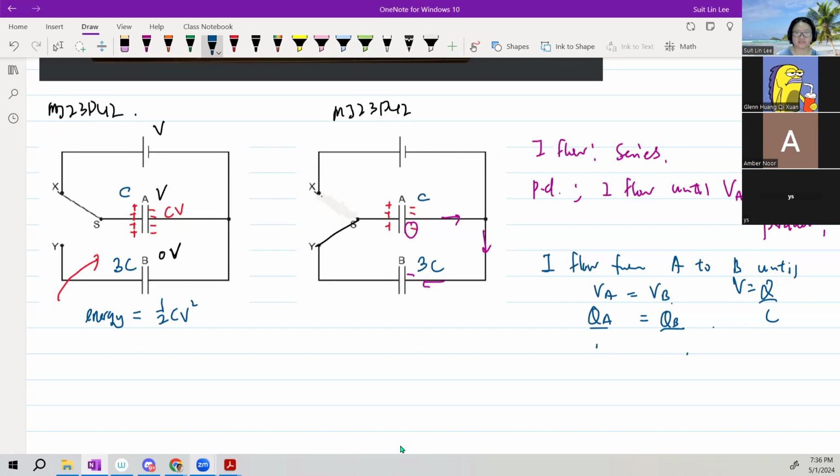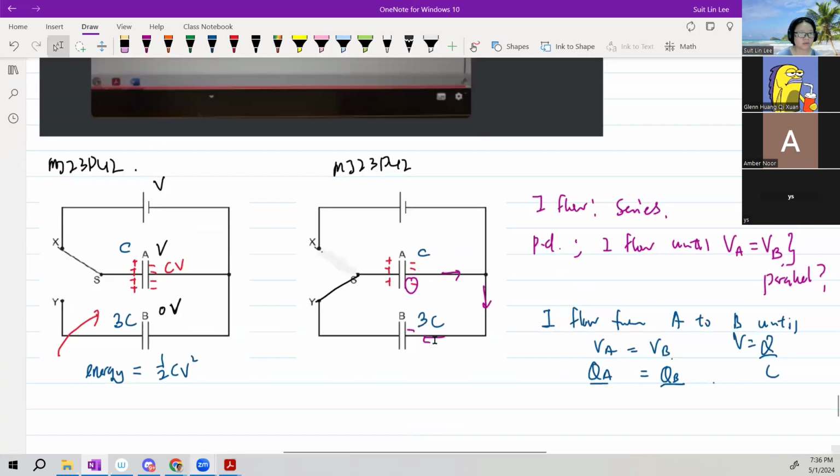When you see this, it feels like it's parallel. When you see the first one, it feels like it's series. I guess we can try.